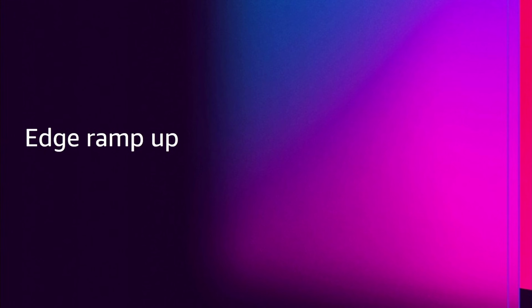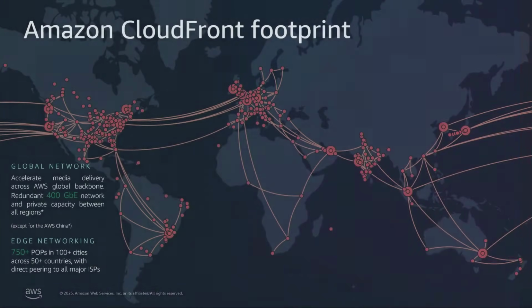And as promised, a quick edge ramp up. So Amazon CloudFront is the Amazon CDN service that's mostly being discussed when you're talking about edge. Amazon CloudFront is built from more than 700 points of presence, which we like to call POPs, around the globe.